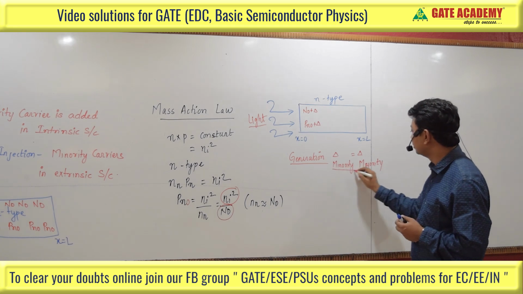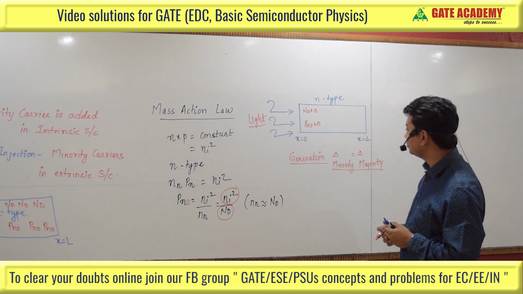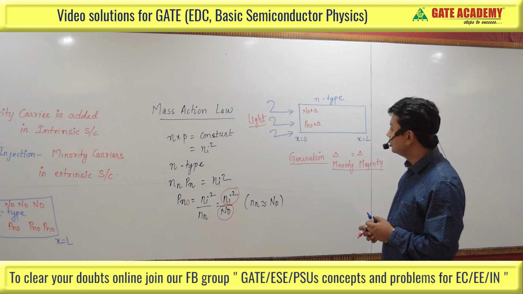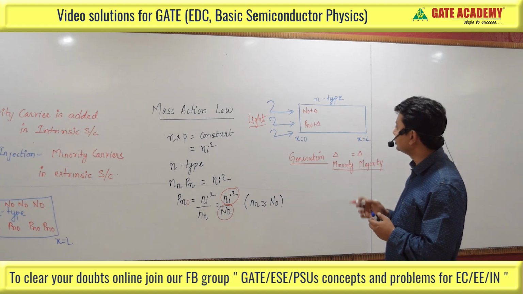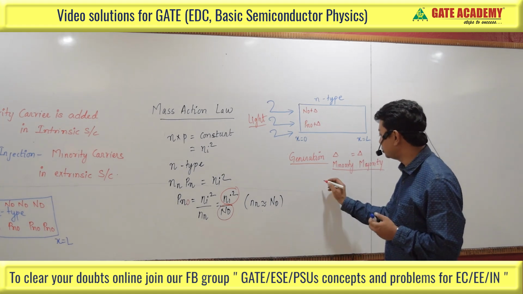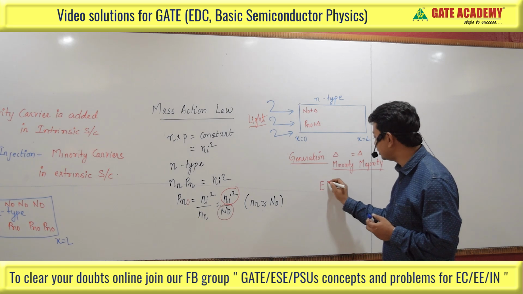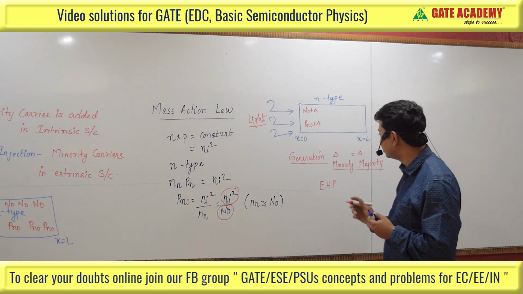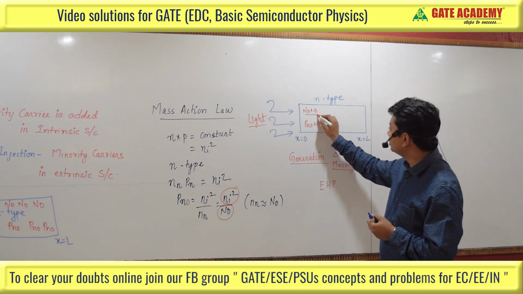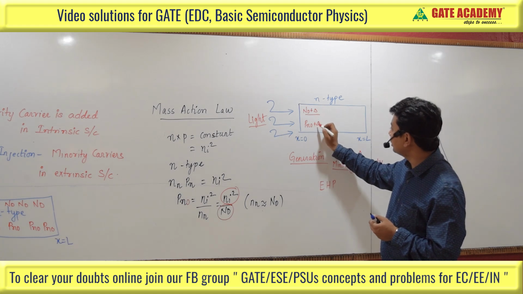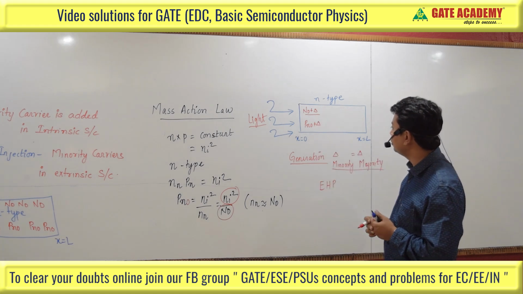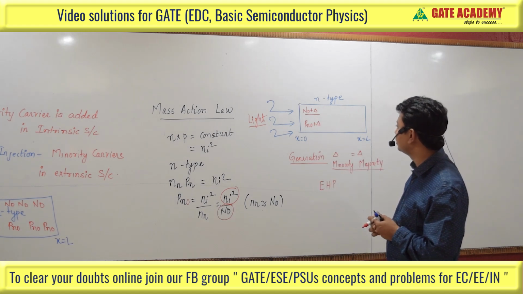So generation is the process in which we get one majority and one minority charge carrier, one electron hole pair. So it is also called electron hole pair generation. We get the same delta here, the incremental value of minority and majority charge carrier.